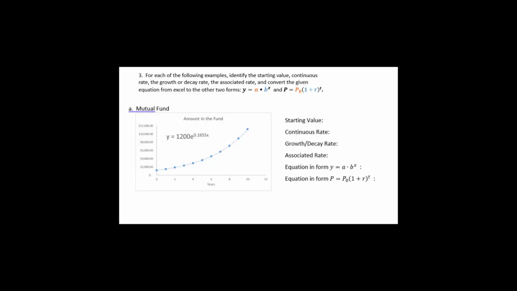Well, welcome to question 3. What you want to do in question 3 is, in the following examples, we're going to identify the starting value, the continuous rate, the growth or decay factor, that's going to be a factor, and the associated growth decay rate, and convert the given equation from Excel to the two other forms.